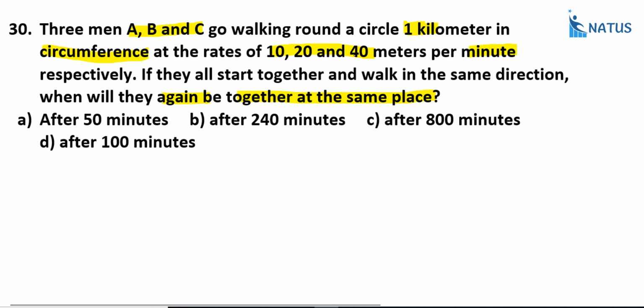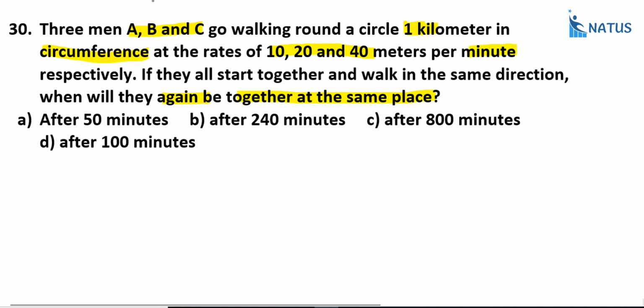See, what is the speed of A? 10 meters per minute. What is the speed of B? 20 meters per minute. What is the speed of C? 40 meters per minute. How much time is required to cover the 1 kilometer by A, B and C? That's what we require.